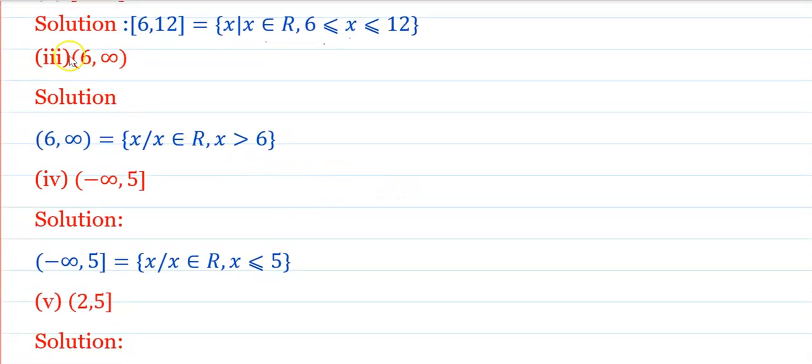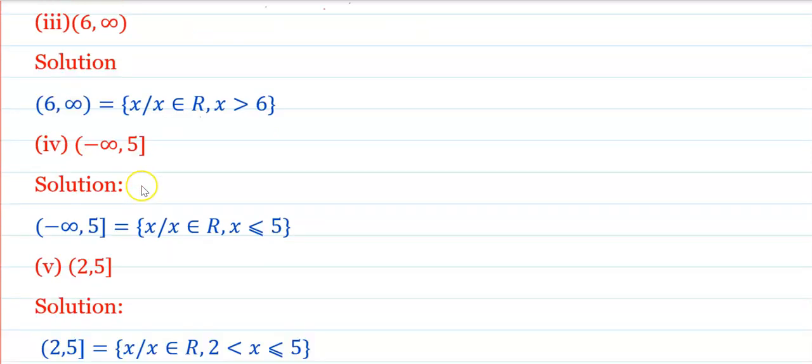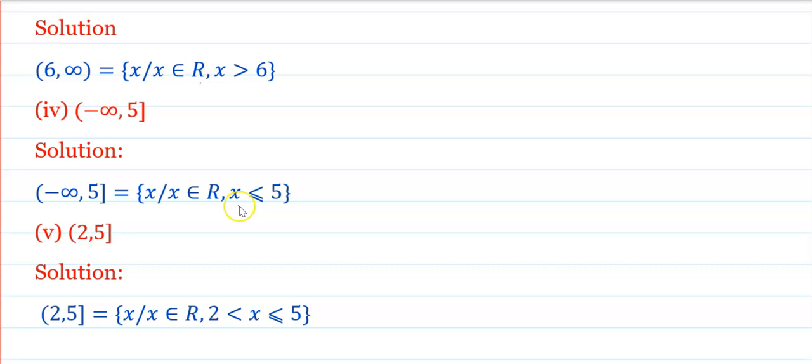Then [6, infinity): x is such that x belongs to the set of real numbers and all the numbers which are greater than or equal to 6. Minus infinity and 5, that is all the numbers which are less than or equal to 5: x is such that x belongs to the set of real numbers and x is less than or equal to 5. That is from minus infinity to 5 only.